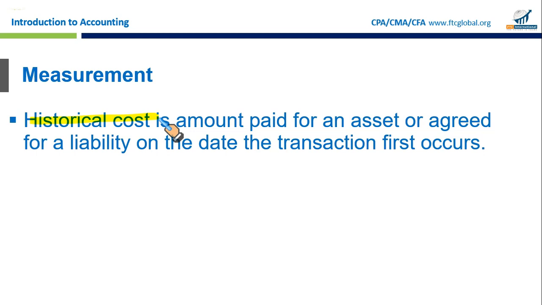So historical cost remains unchanged in accounting records, no matter what the market value of the assets is. These costs remain the same regardless of changes in market value. So it provides a clear record of the actual cost of assets or liabilities. This ensures consistency, because the amount we paid or agreed to pay is verifiable. So this ensures consistency and comparability in financial statements.